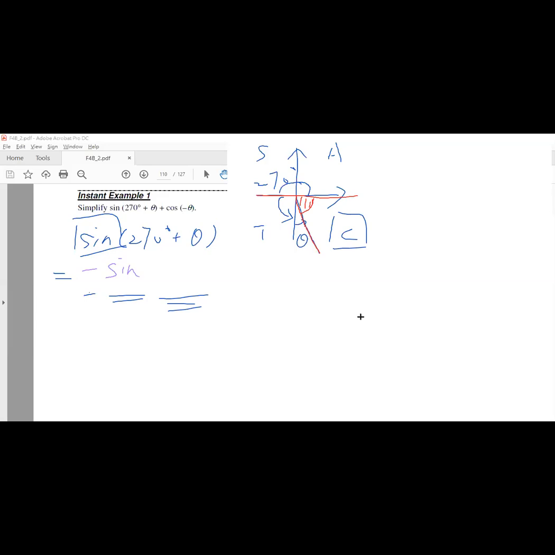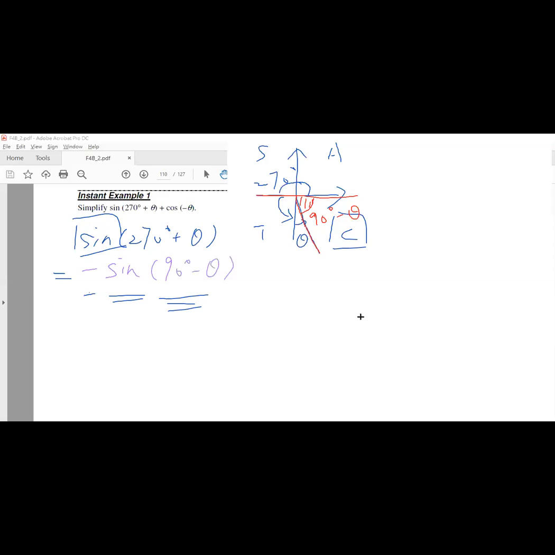Do you know which one it is? The other part is theta, which means that the red part should be 90 degrees minus theta, right? So it should be negative sine 90 degrees minus theta.